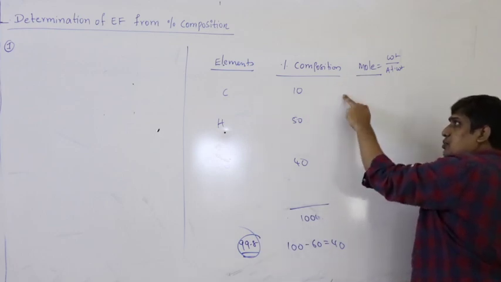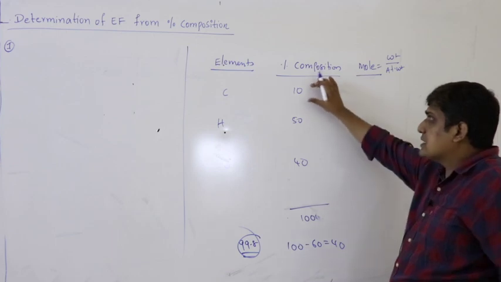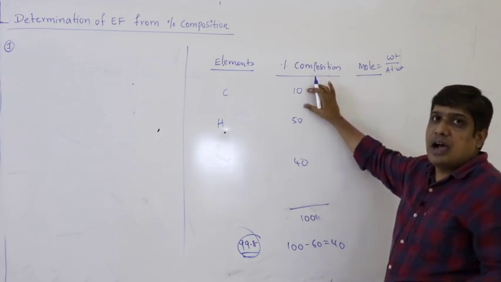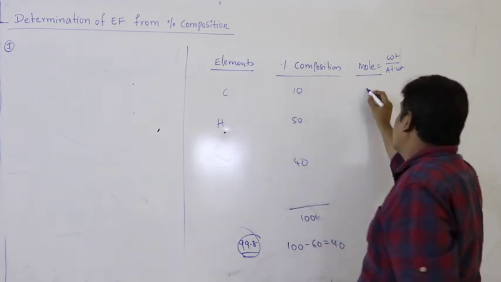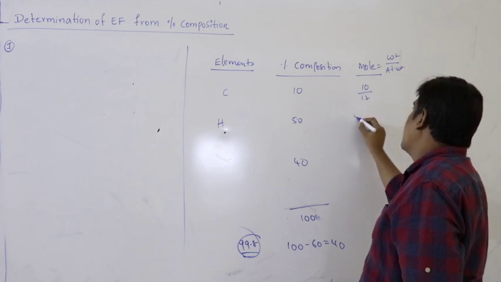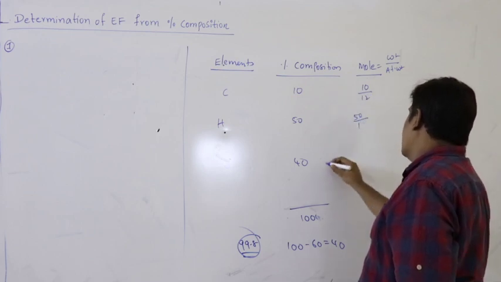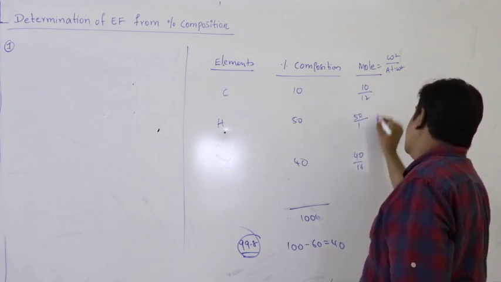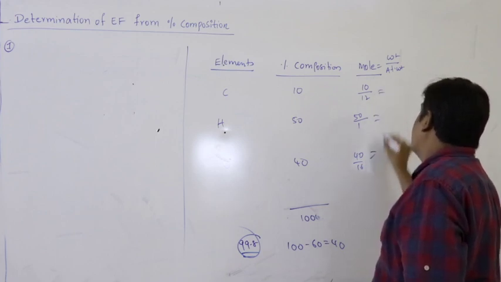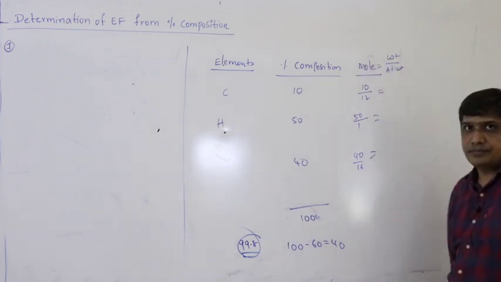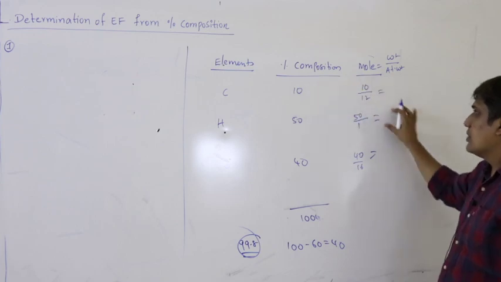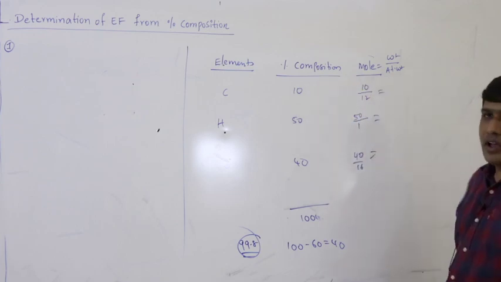How to convert mass into moles? Divide this percentage composition by the atomic weights of the respective elements. So here it is 10 by 12, here 50 by 1, here 40 by 16. You will get the corresponding moles: X moles of carbon, Y moles of hydrogen, Z moles of oxygen.